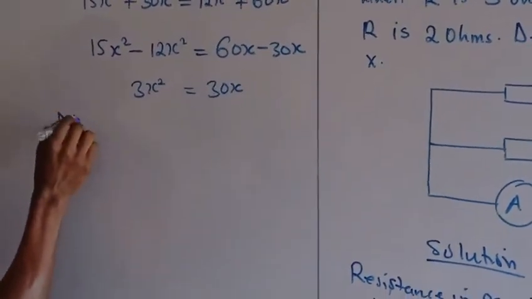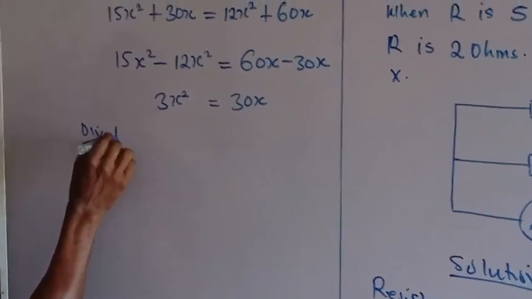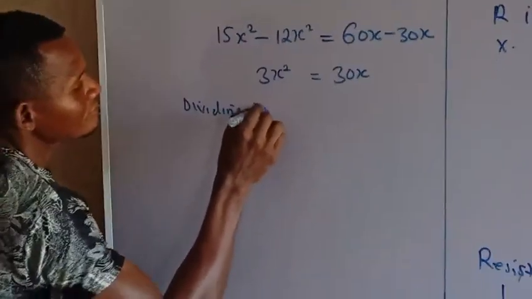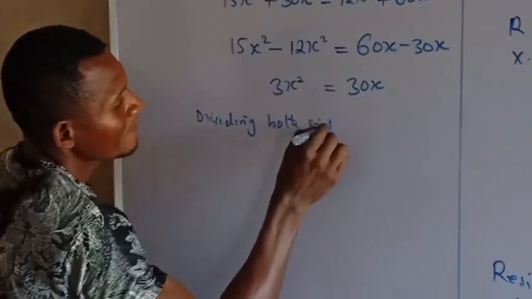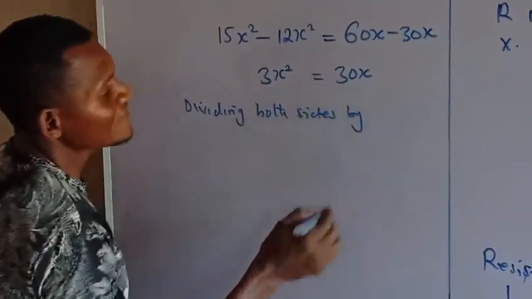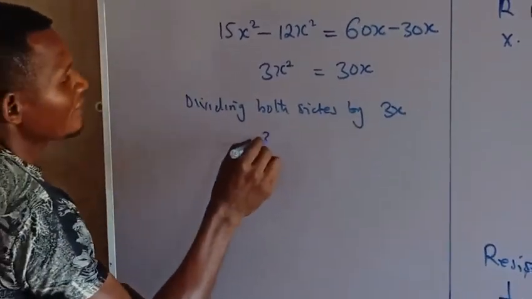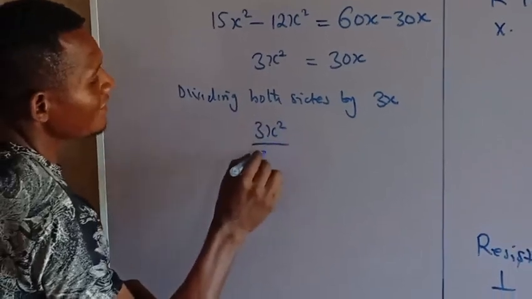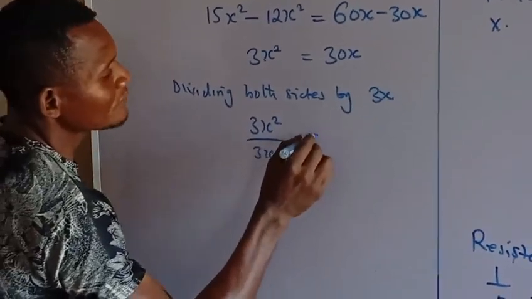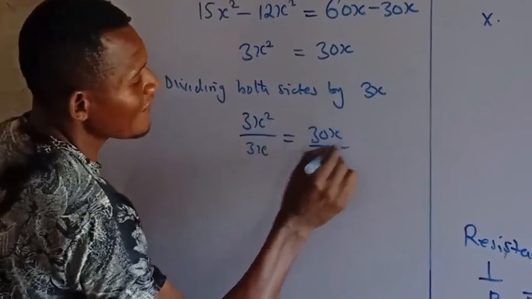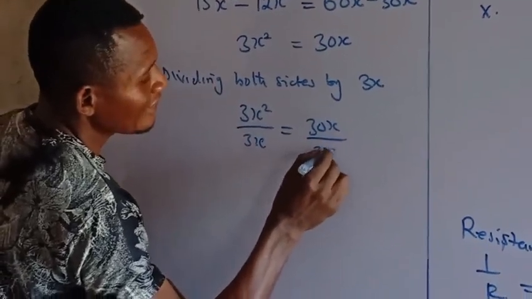So we are dividing both sides by 3x. We can have 3x squared divided by 3x is equal to 30x divided by 3x.